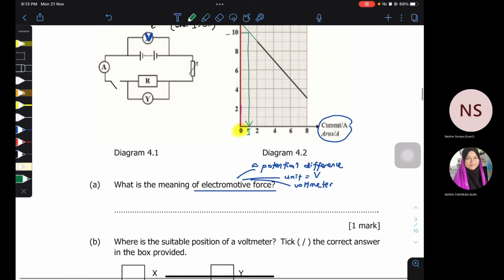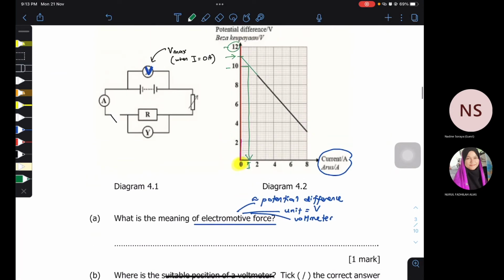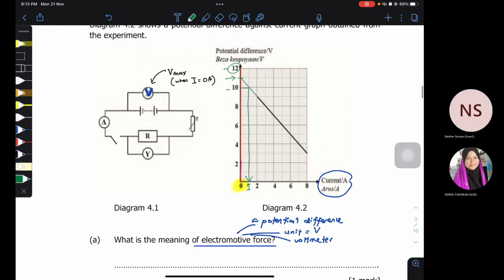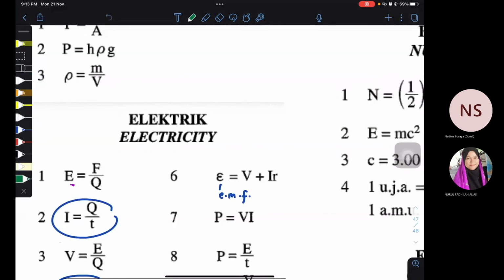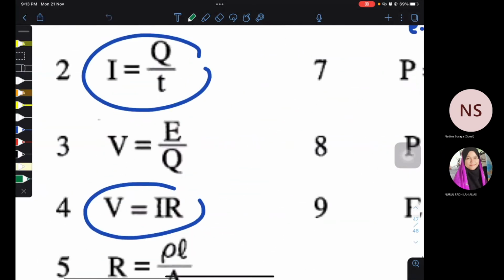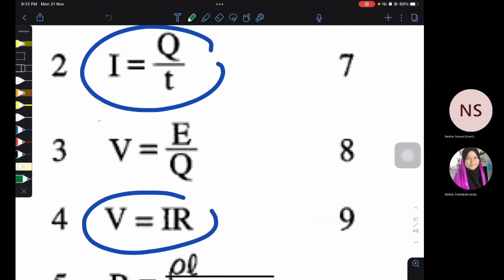Jadi tadi saya explain panjang-panjang tu sebenarnya I want to tell you the meaning of electromotive force. And the unit notice voltage. Volt, sorry. Jadi kalau you tengok formula sheet, ada tak formula voltage? Sini voltage. Jadi what's voltage? Ini adalah energy, ataupun boleh kata work done lah. Energy, ini Q ni charge.